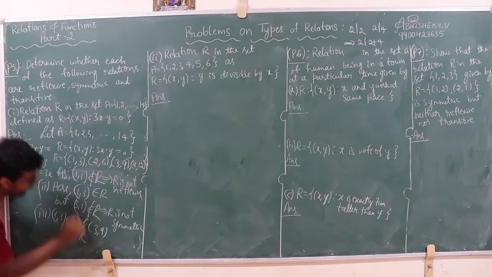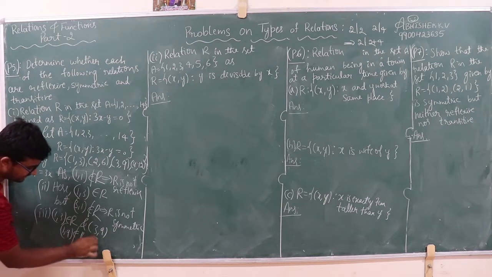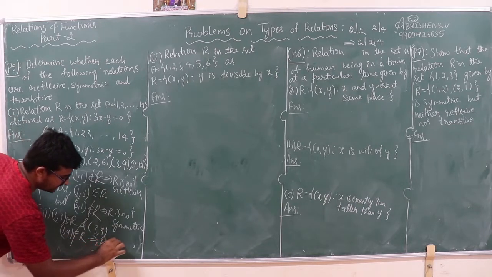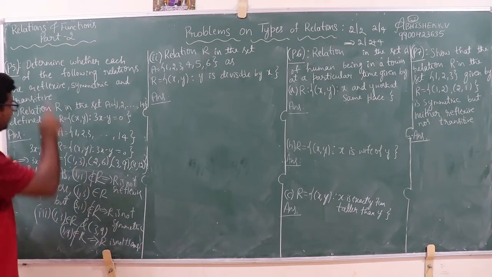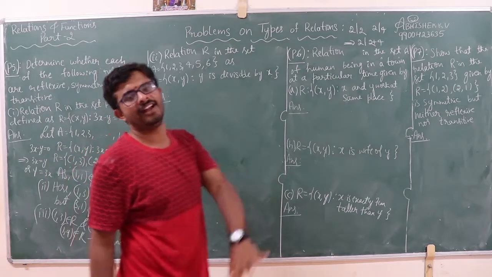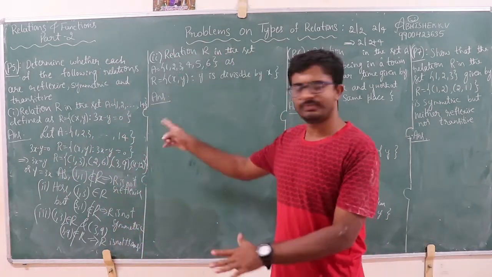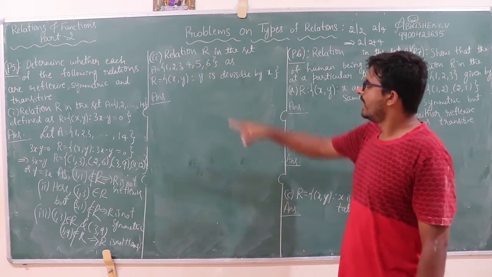See, (1, 9) does not belong to the relation R. This implies R is not transitive. Therefore, this relation is not reflexive, not symmetric and not transitive. Okay? Yes. Then go on to the next sub-question.